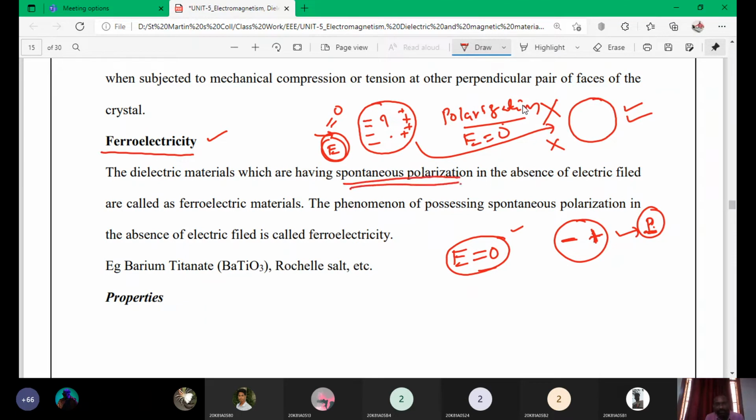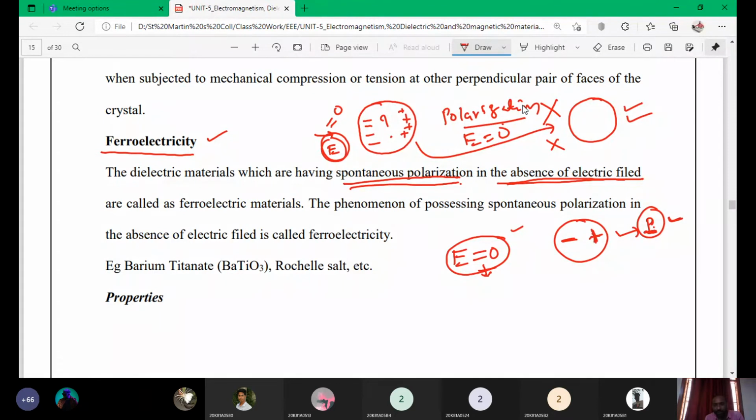Ferroelectricity means some dielectric materials show spontaneous polarization in the absence of electric field. We make the electric field zero, but we still observe some polarization.